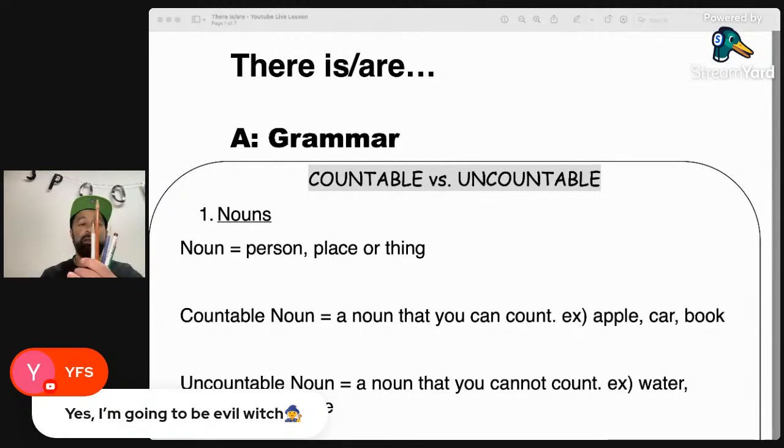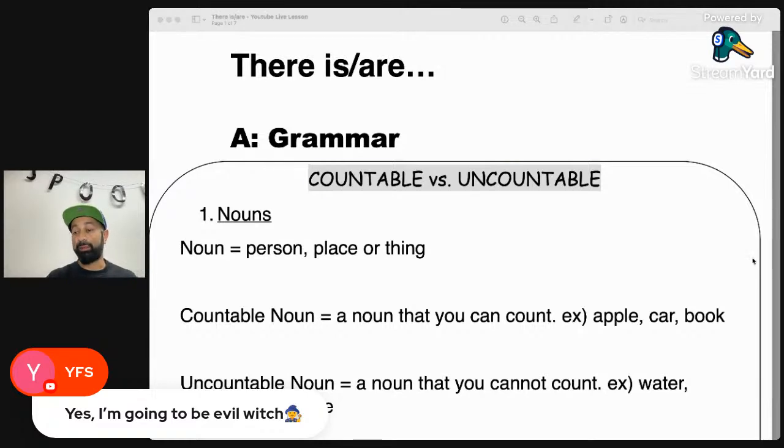If you look, I've got 4 of them in my hand. So I can count these, right? 1, 2, 3, 4. I'm able to count these things. So that means it's a countable noun.